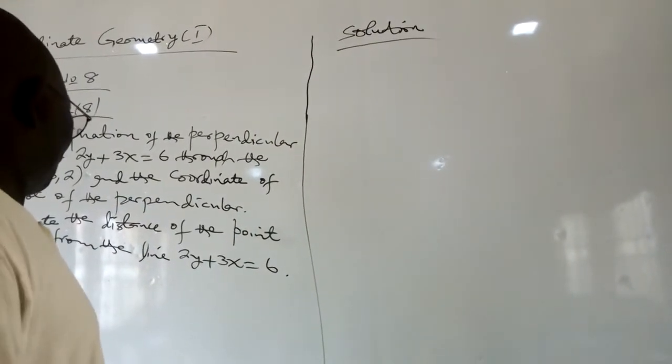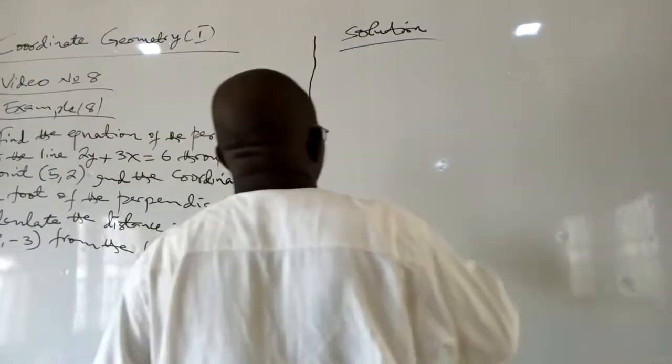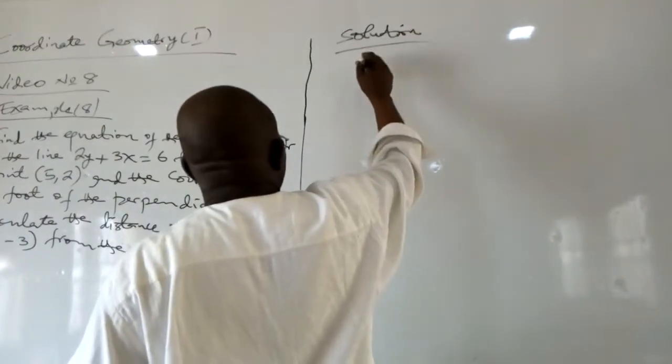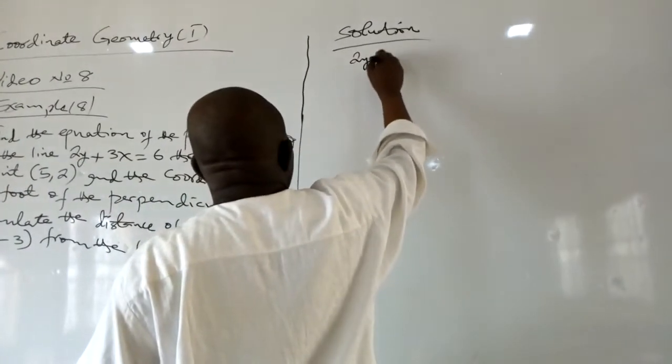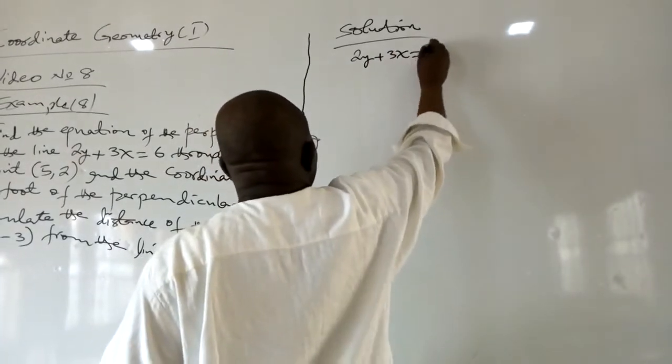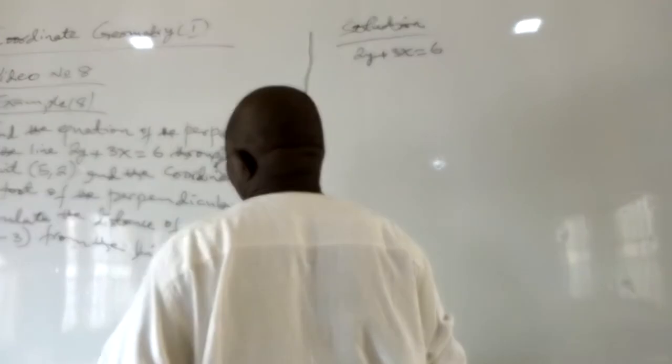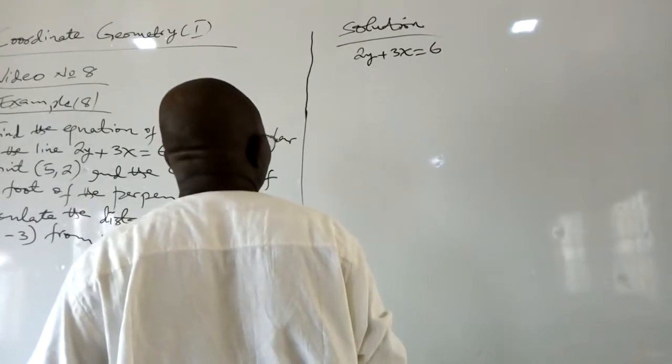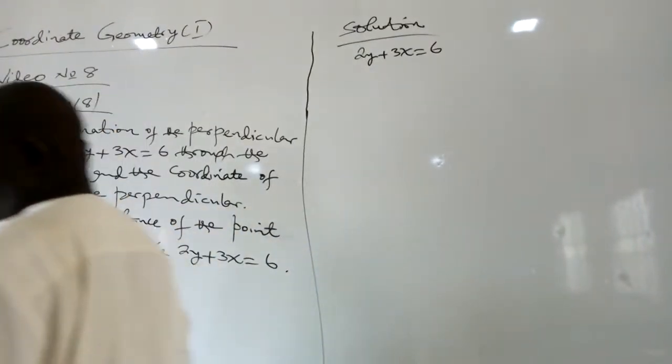Now, you are given the line 2y plus 3x is equal to 6.